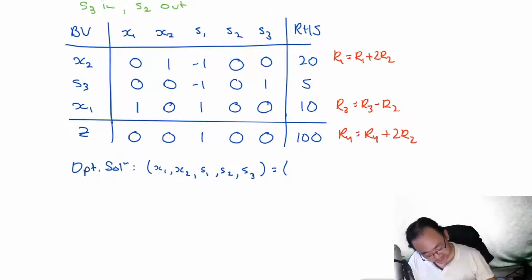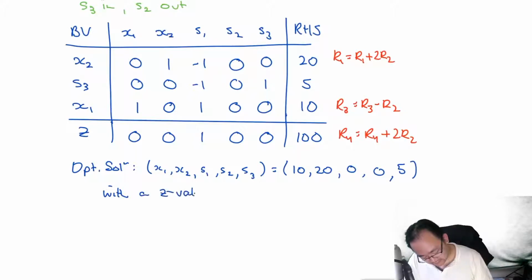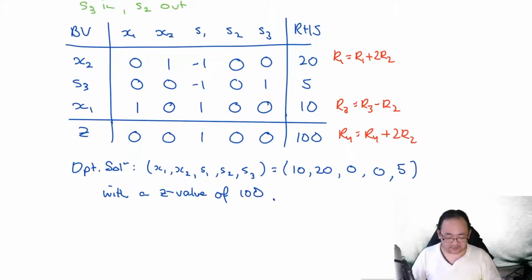The ones without numbers do not have any values at all. So x1 is equal to 10, x2 is equal to 20, s1 is equal to 0, s2 is equal to 0, s3 is equal to 5, with a z value of 100. Alrighty, and we are done.